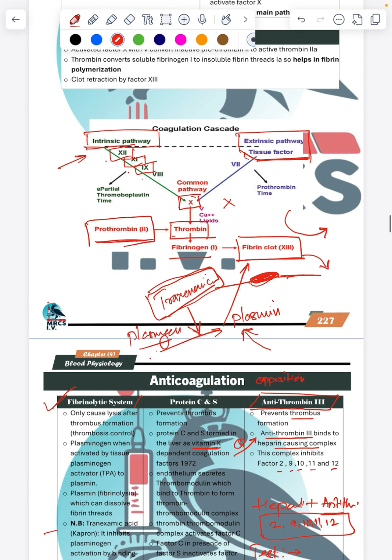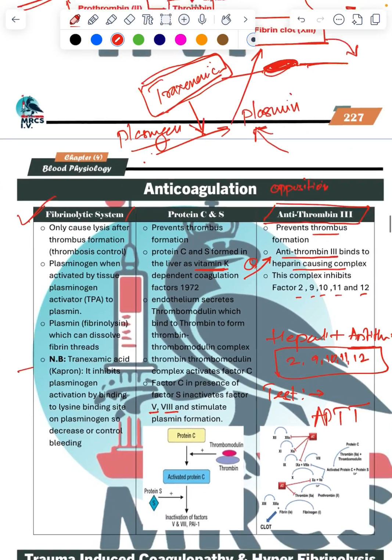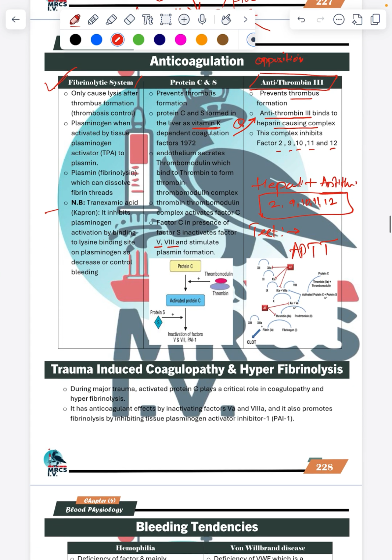Here you can see this is intrinsic pathway, longer pathway, APTT. This is the test APTT, and for this vitamin K dependent factors are 10, 9, 7, 2. Here is warfarin, and what you are testing here, international normalized ratio INR.